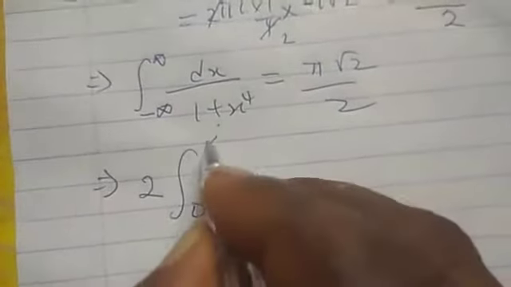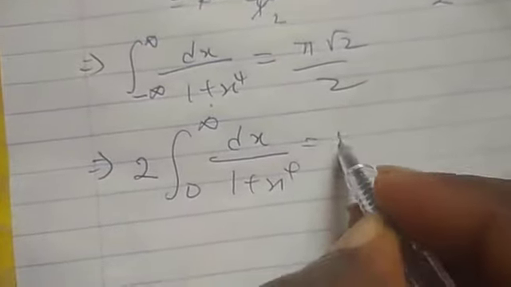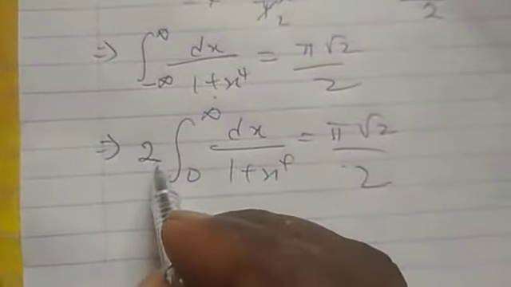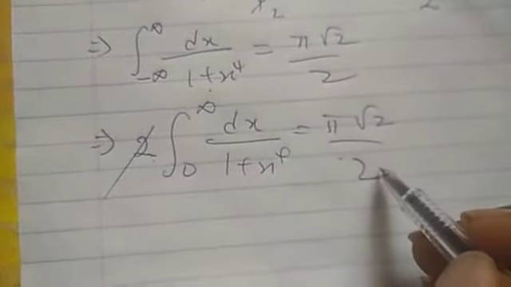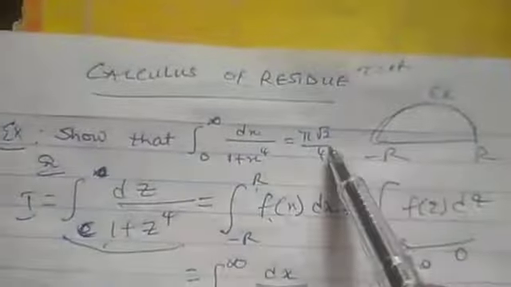And don't forget, what we are given is 0 to infinity. By what I gave you the other time, this is an even function. So it's the same thing as 2 times the integral from 0 to infinity of ds over this, equals pi root 2 over 2. So if you make it the formula, these two will leave. It will make this place to be 4. So that is what we are asked to prove.